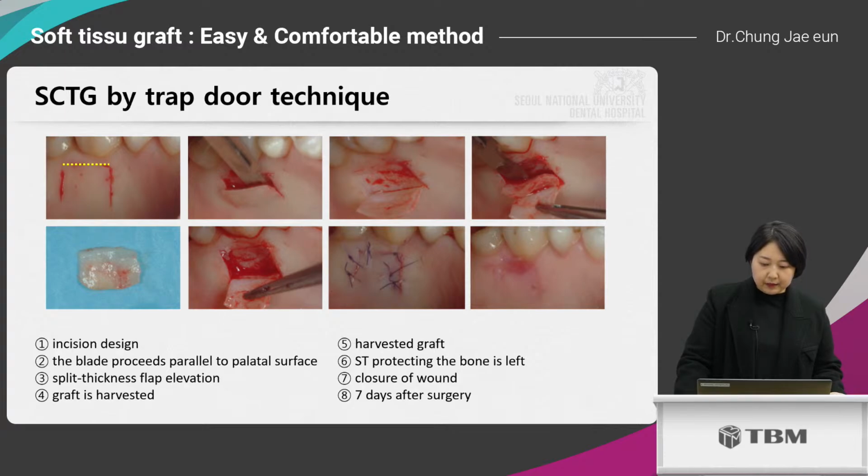The blade proceeds apically, parallel to the external palatal surface, with split thickness flap elevation, and the graft is being harvested. After removing fat and glandular tissue from the graft, look at the soft tissue protecting the bone that is left, covering and suturing the external flap. This is about 7 days after the surgery. The donor site shows excellent healing.